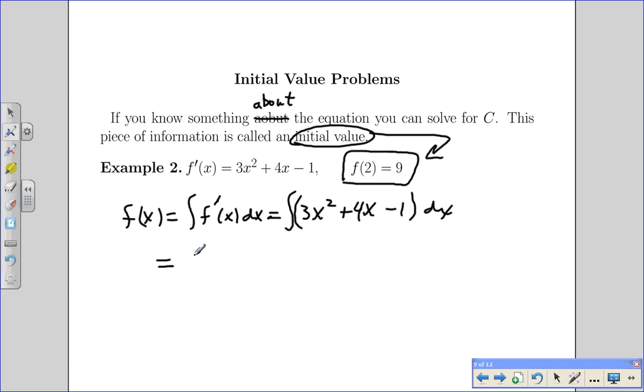And if you integrate that, you get 3x cubed over 3, and those 3's are going to cancel. You get 4x squared over 2, and you can divide 4 by 2. And the integral of 1 is just x, plus c.